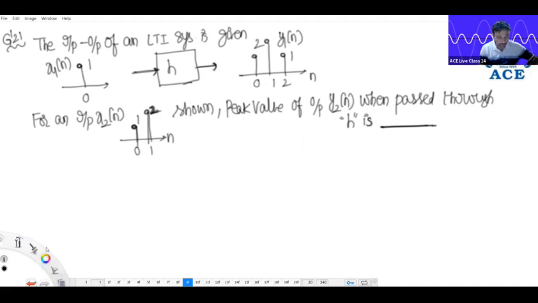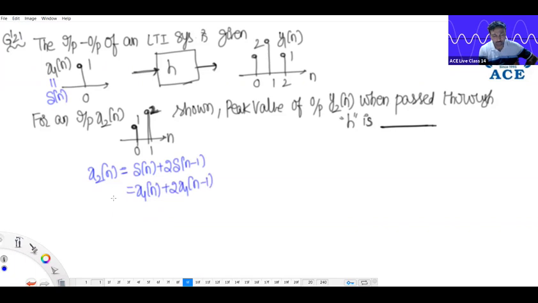Just find out the relation between the inputs. x2[n] is actually delta[n] plus 2 delta[n-1]. Already x1[n] is delta[n] only. So it becomes x1[n] plus 2 times x1[n-1]. By the LTI system property, whatever happens to input, the same thing happens to output: y1[n] plus 2 times y1[n-1]. This is y1[n].